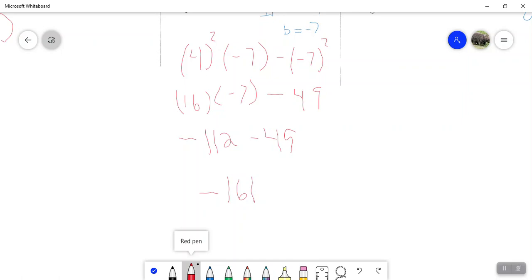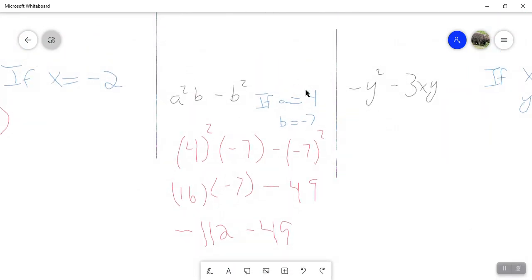Now see, the only new part is substituting the values of a and b that were given into the expression here. Everything else is just following the order of operations.